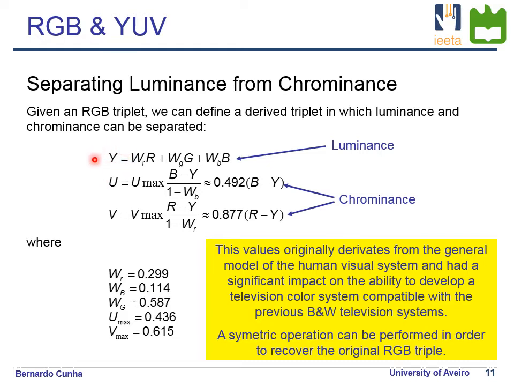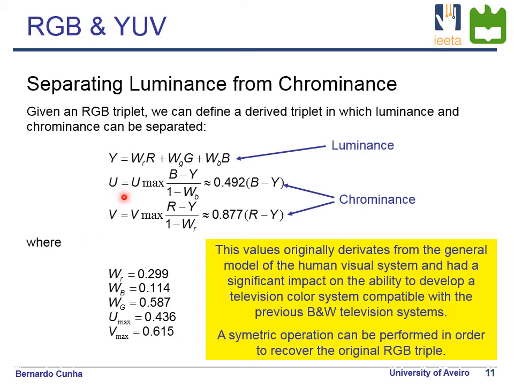And having obtained the Y, and this is basically the equation from which you can get a black and white image from an RGB image, you can also extract the chrominance components, which are called U and V. U and V can be obtained from B, which is the blue minus Y, and the red minus Y, in which Y is the luminance, multiplied by these two factors. Please do not forget that U and V have no information about luminance. This is only about color.